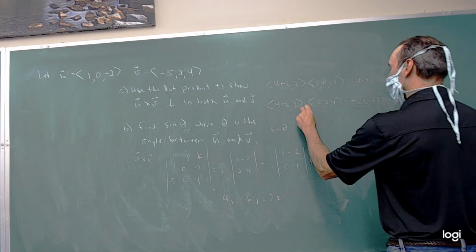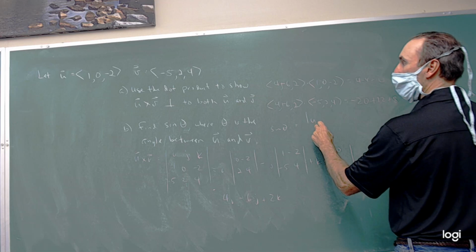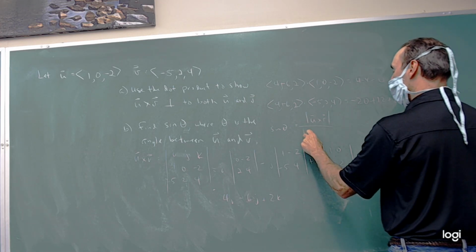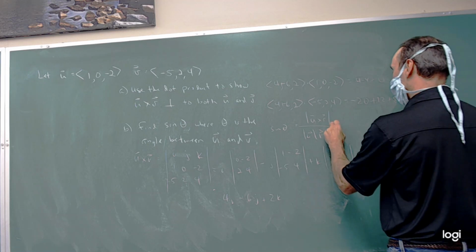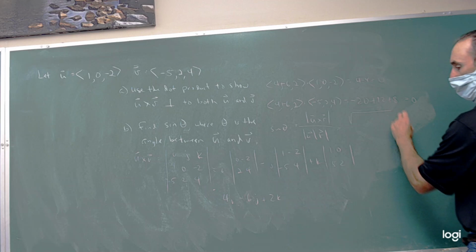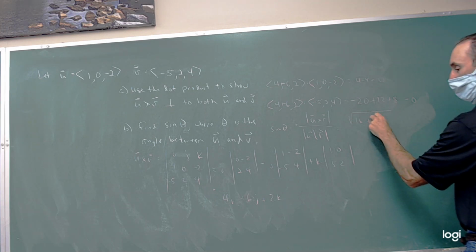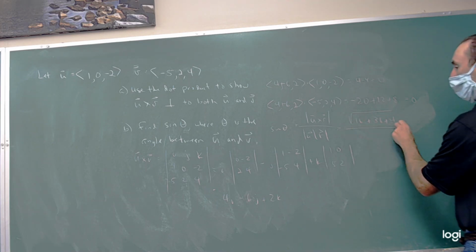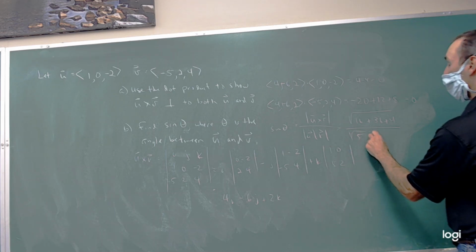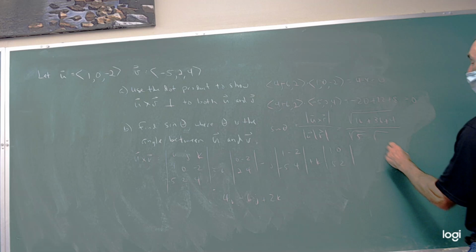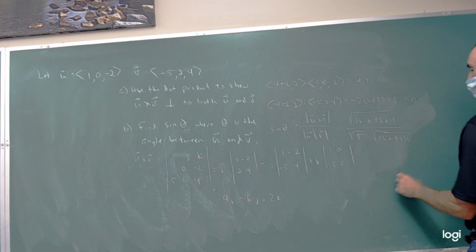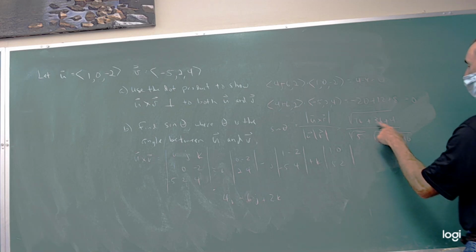Sine theta was the magnitude of our cross product vector over magnitude u, magnitude v. So the magnitude of that is going to be 16, 36, and 4. And we got square root of 5 and square root of 25, 4, and 16. So that's going to be 45.